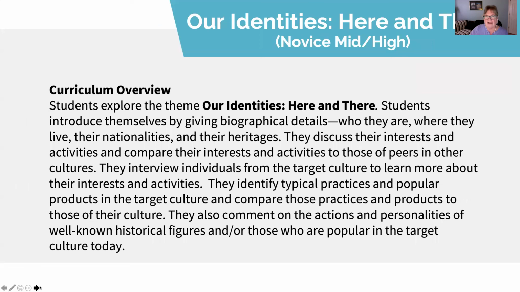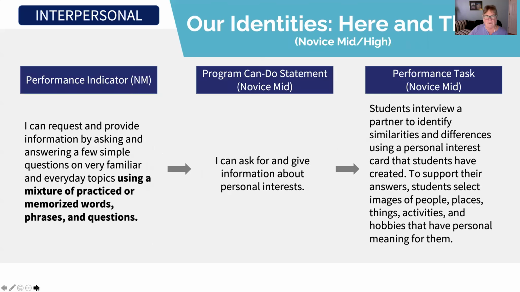So if I look at Identities Here and There, and I read this curriculum overview and I see pieces of it that were in my curriculum, I might want to explore a little bit further and look at how this curriculum treated activities or individuals from the target culture, or typical practices and products, or personalities of historical figures, and see if any of those are similar to what I was planning to do.